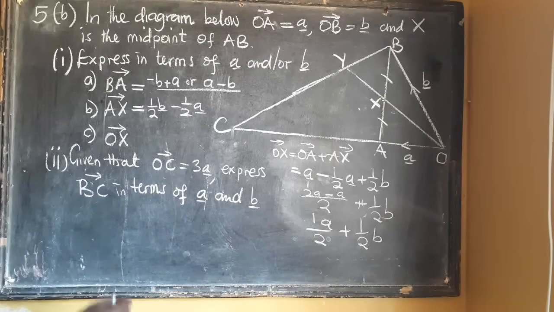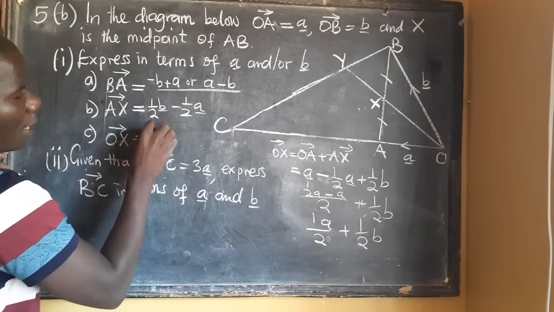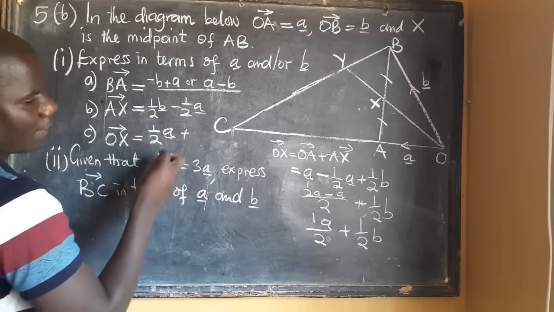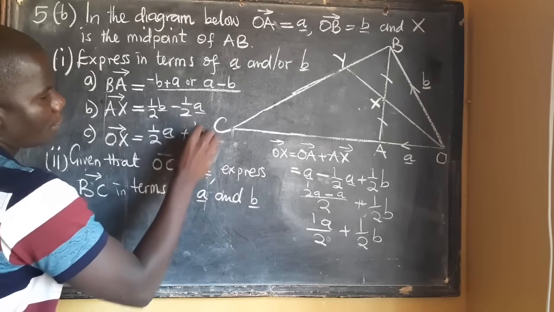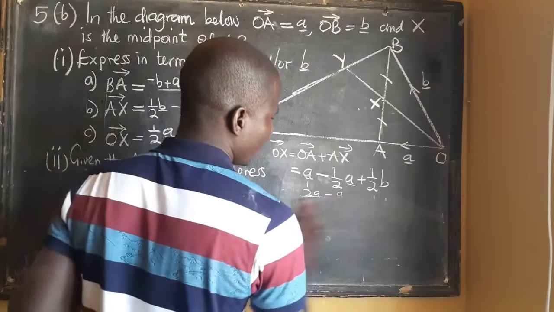So what we are getting is 1 over 2A plus 1 over 2B. That's what we are getting for this one.